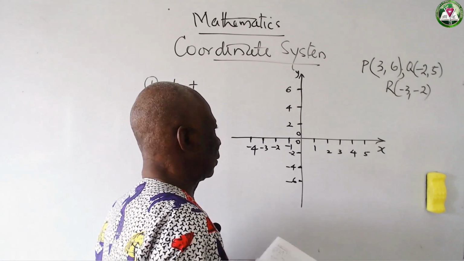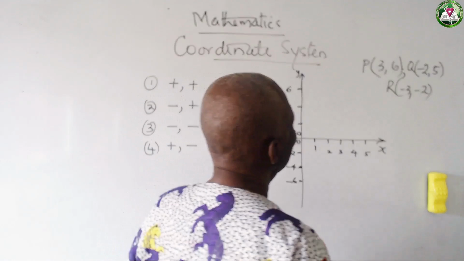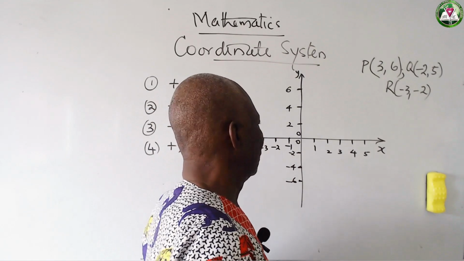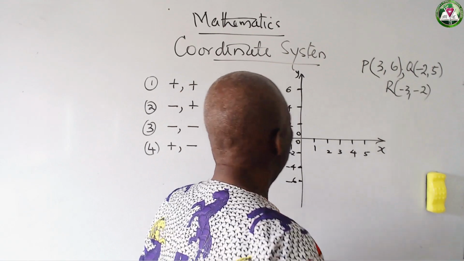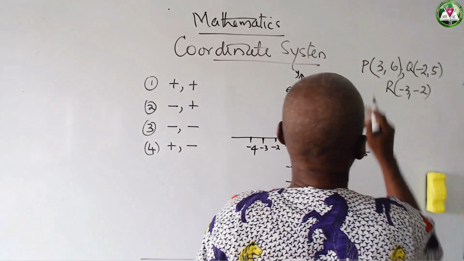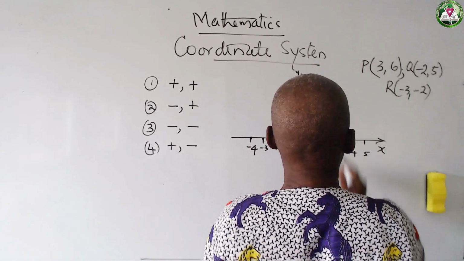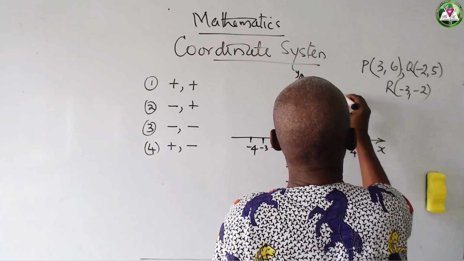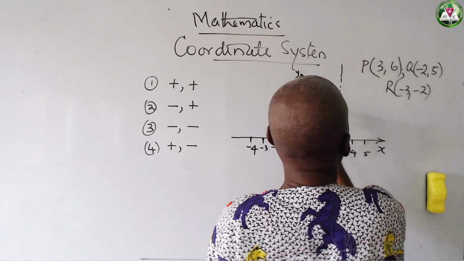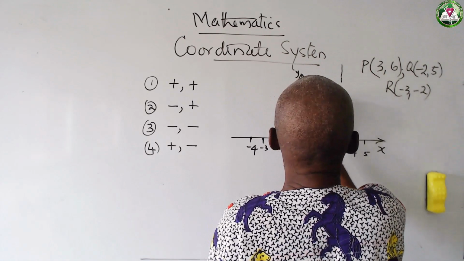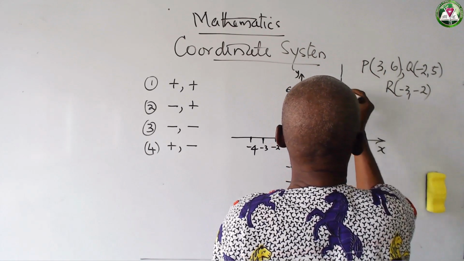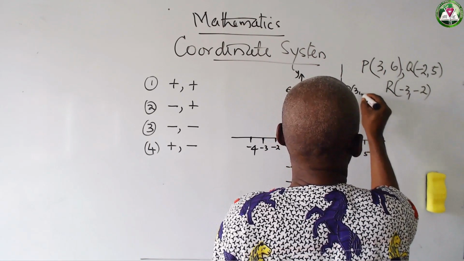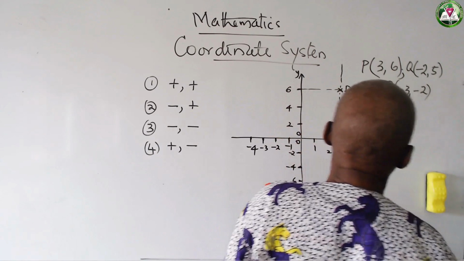That was what was given to us to fix in this Cartesian coordinates. So for the first point, we said, look for x. x is 3. Follow the line. It is positive, so we have to go up. Follow that line until you get to the place where you have y equal to 6. So that is the point there, P (3, 6). We go to the next one.